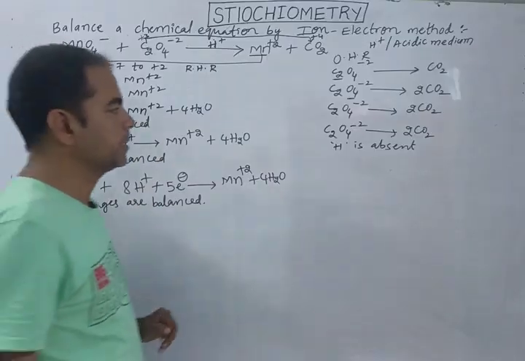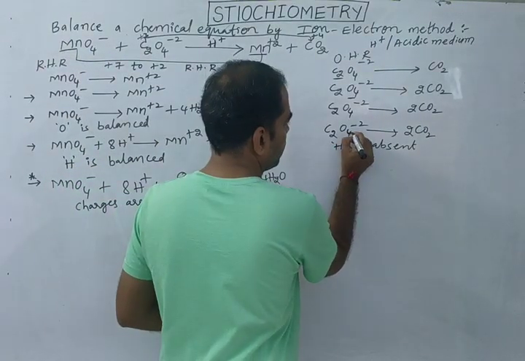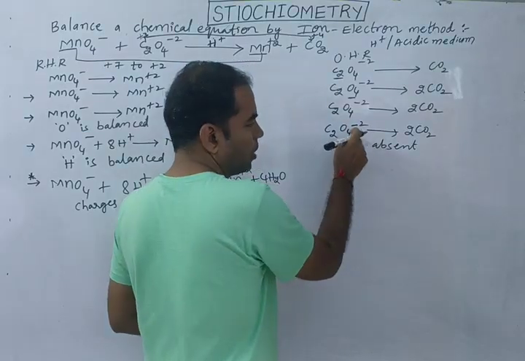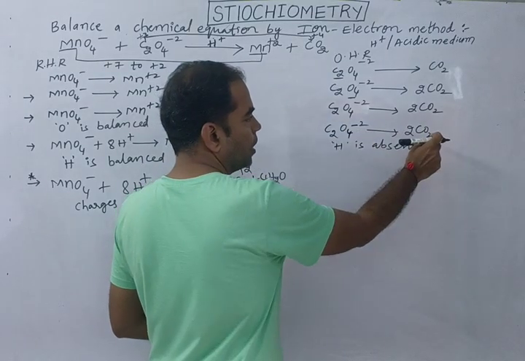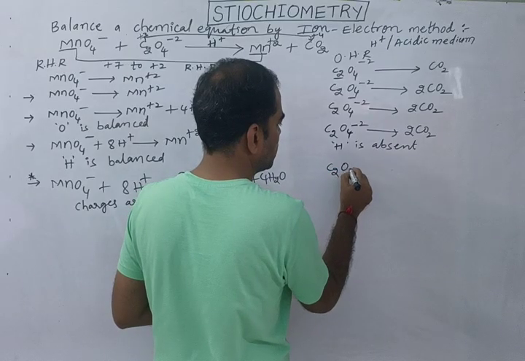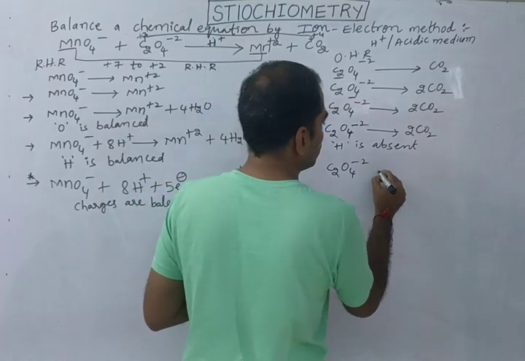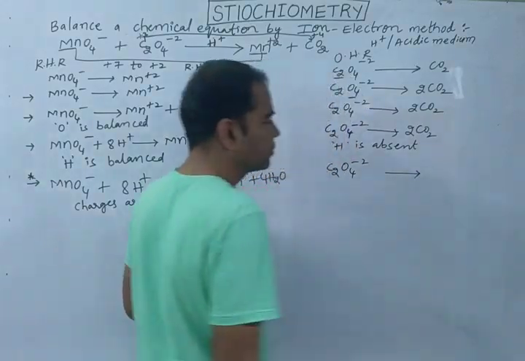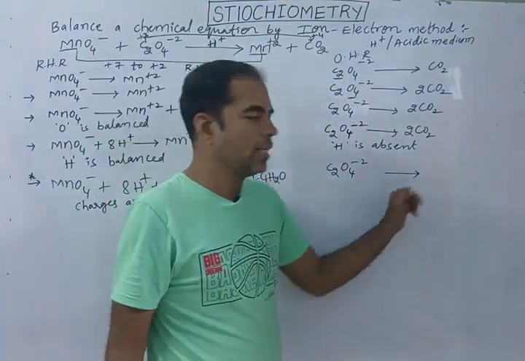Now come to the right side. C2O4 is the oxalate ion, here minus 2. Here CO2. To balance the charges of C2O4 minus 2, we should add 2 electrons on the right side.